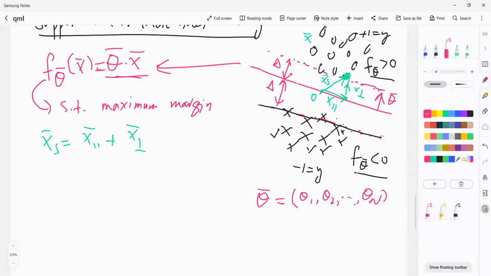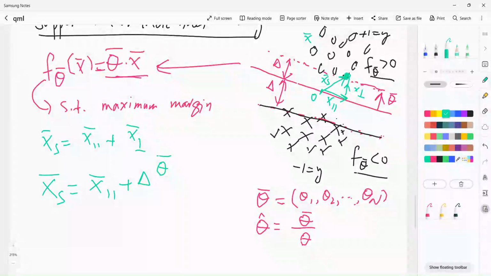So I can find a unit vector perpendicular to the plane by just dividing this vector by its magnitude. So I can write this support vector like this: the component parallel to the plane, and the component perpendicular to the plane. And the component perpendicular to the plane is like this.